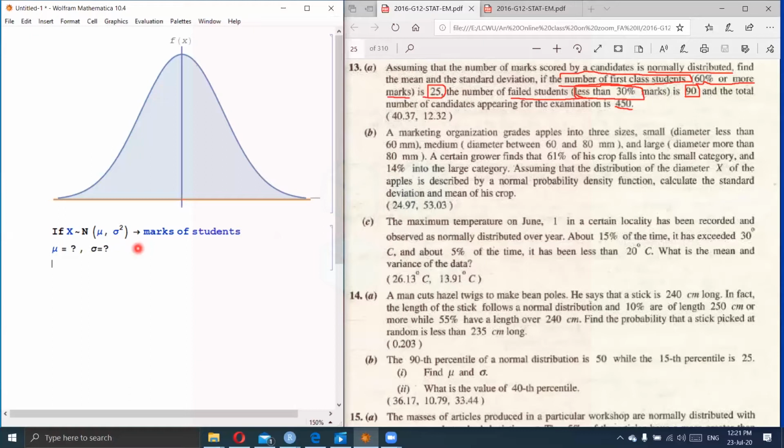Now we have been given a very important thing, the total number of students is 450.